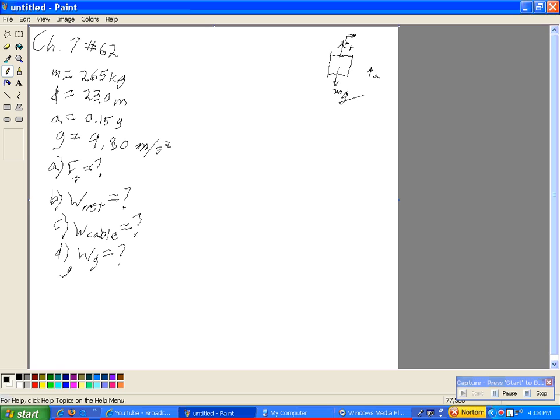Part E asks, what is the final velocity if its initial velocity is 0?